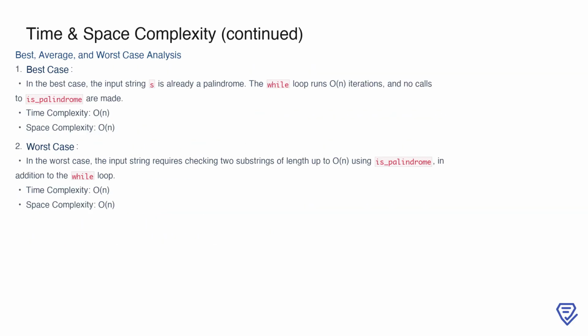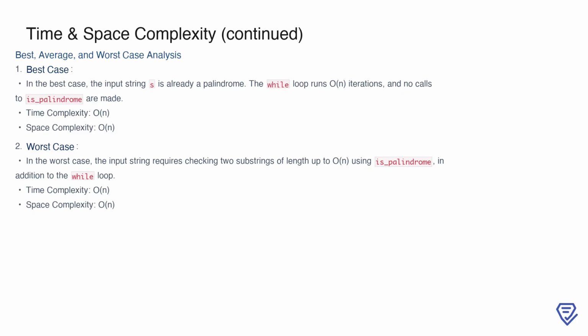Analyzing the best, average, and worst cases gives further insight into the algorithm's performance. In the best case, the input string is already a palindrome. Here, the while loop completes its O(n) iterations without detecting a mismatch, and no calls to is_palindrome are made. As a result, both the time complexity and space complexity are O(n).